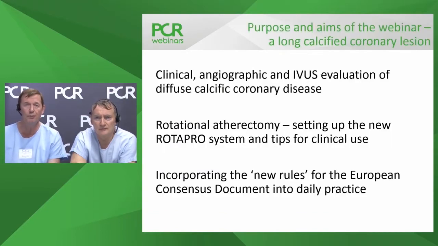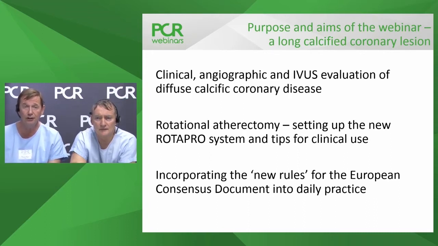The aims of the webinar are to look at the clinical, angiographic and IVUS evaluation of this patient with diffuse coronary disease with extensive calcification. We've got the new ROTAPRO system in place, and hopefully we're going to learn how to set it up, how straightforward it is, and tips for clinical use.